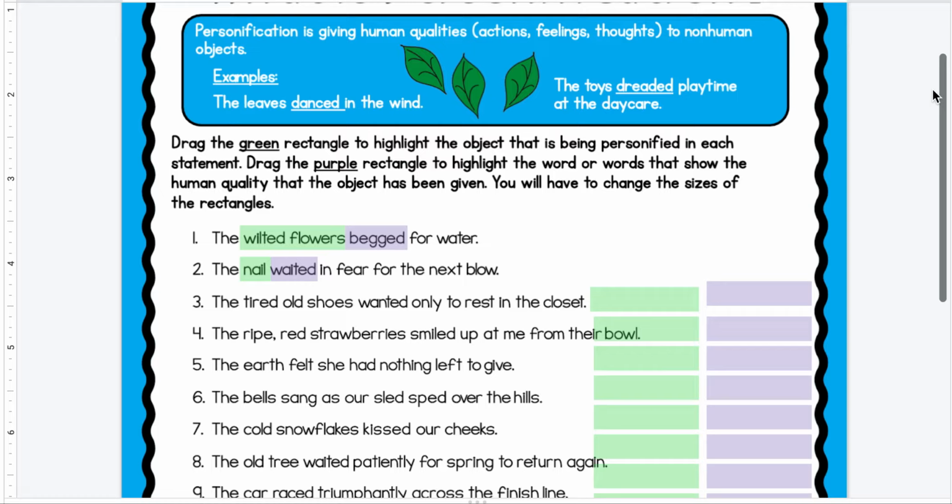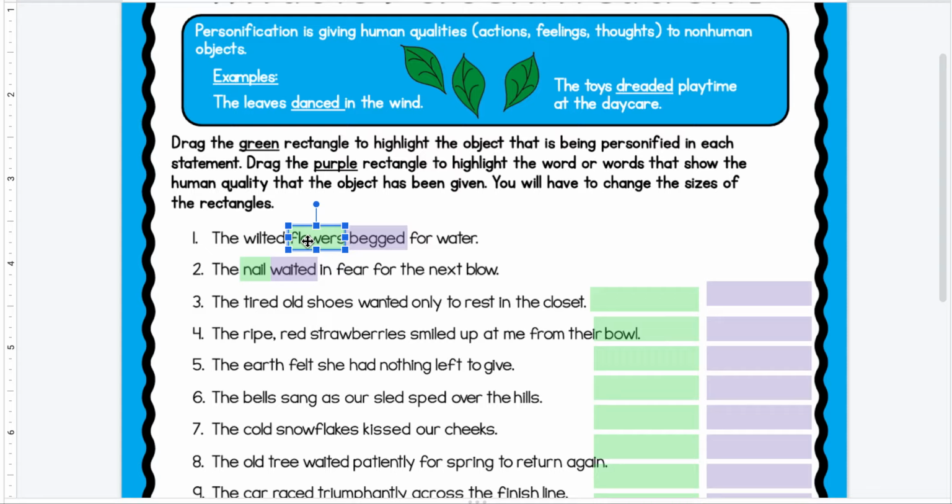So, the wilted flowers begged for water. So, the object is flowers, not wilted, just flowers. Wilted describes the type of flowers, but really we want to isolate that noun, okay? So the flowers we're going to cover in green because that's the object. They begged for water. Can flowers beg? No, they are not a person.